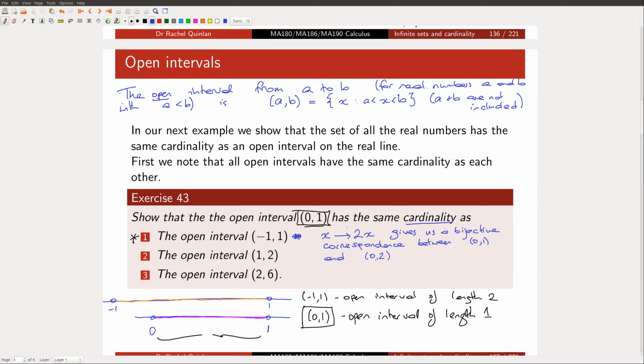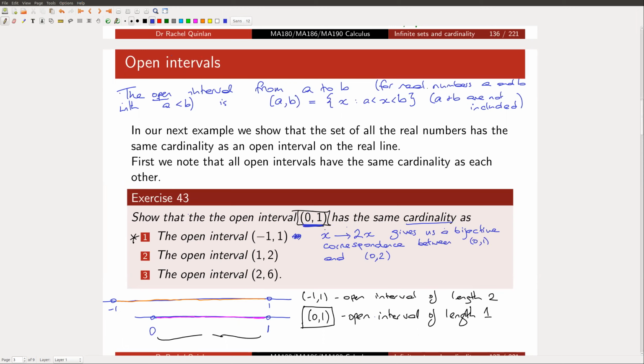Okay, if you're in doubt about that, which would be quite reasonable, try it out for a few numbers. Basically what I'm saying here is that you can get any real number between 0 and 2 by multiplying something in the open interval 0, 1 by 2. So everything in the open interval from 0 to 2 arises that way. And if we apply the operation of multiplying by 2 to different things in the open interval 0 to 1, we get different answers.